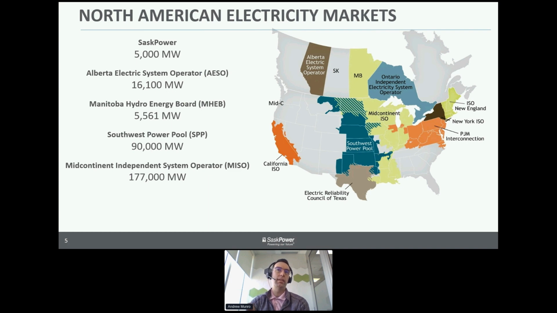And then to our, I guess, southwest would be the Mid-Continent Independent System Operator, so that's MISO, and they have over 177,000 megawatts of generation capacity installed in their footprint. So you can see how Saskatchewan and SaskPower is part of a larger system within North America, and how the different markets are structured around us and their relative sizes to SaskPower as well.